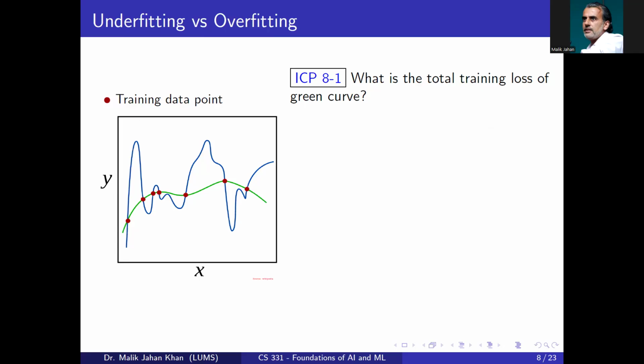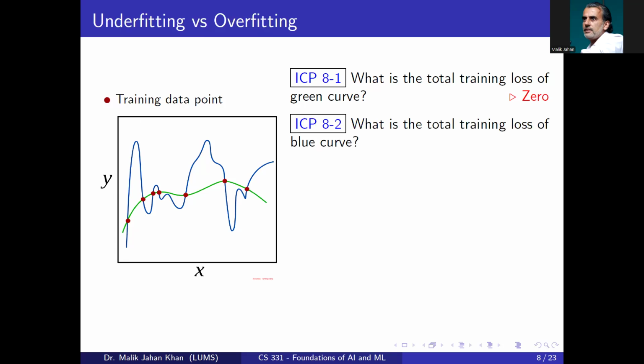If you pause the video, you might have figured out by just inspecting this figure that the loss is zero, because during this entire training process, the green curve is perfectly fitting the data points. It's not missing any data point. So the value which the green curve would predict for each of those data points is exactly the same as given by the red point itself.